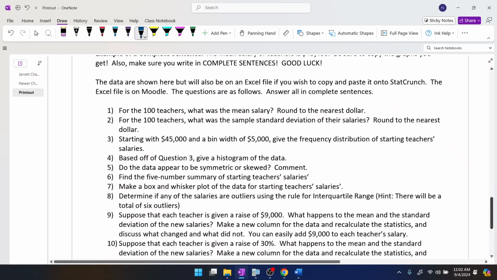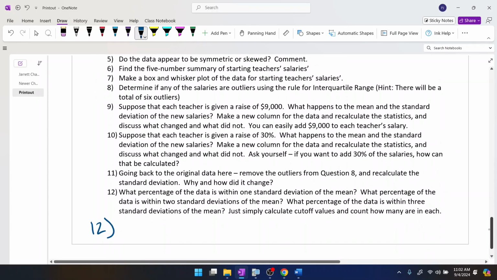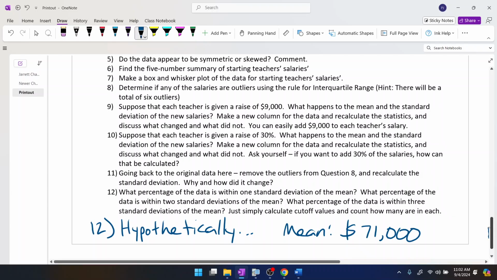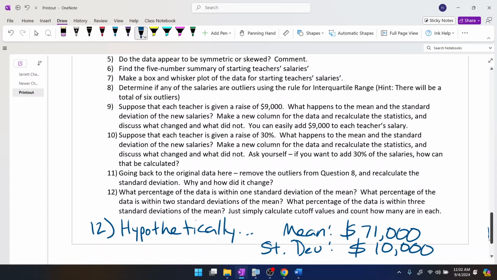But for number 12, let's say the mean is $71,000. I know it's not that. And let's say the standard deviation, rounded to the nearest whole number to keep it simple, is $10,000. It's not going to be $10,000. The standard deviation is going to be 5 figures, though.